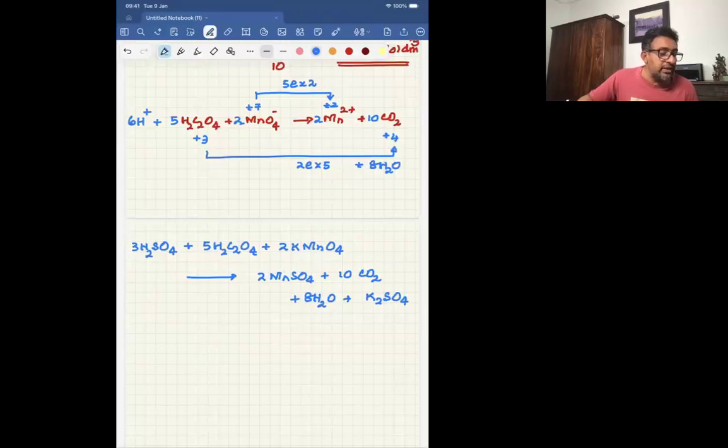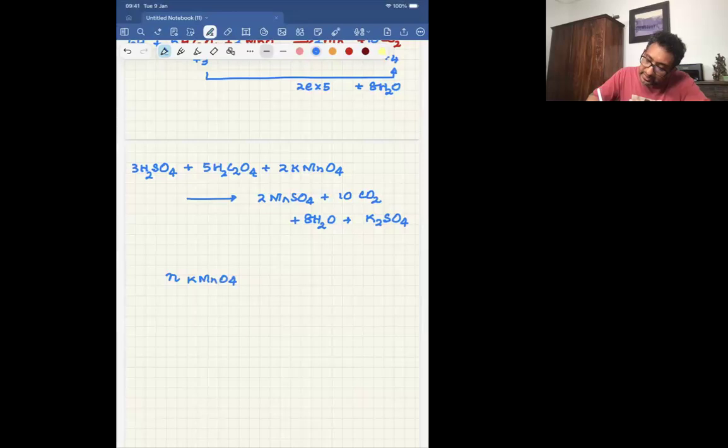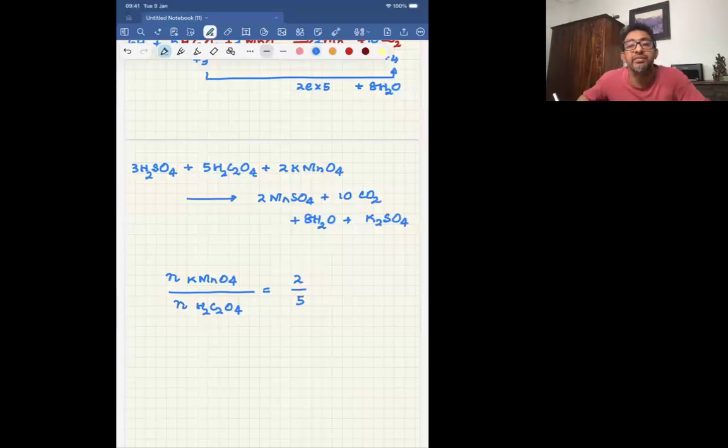From the equation in C and the titration data, deduce the molarity of the potassium permanganate solution. So what is this? Number of moles of potassium permanganate to number of moles of oxalic acid, H2C2O4. What is the stoichiometry? Potassium permanganate is 2, oxalic acid is 5.